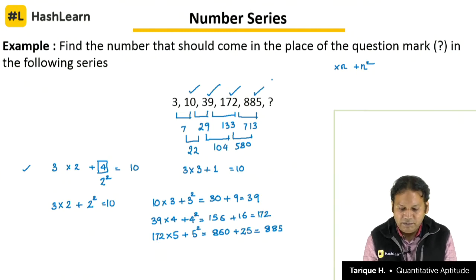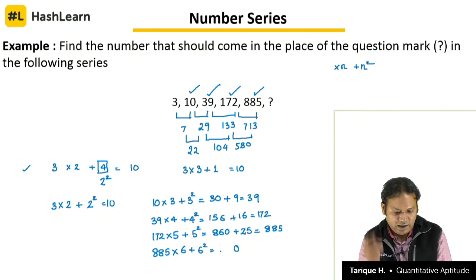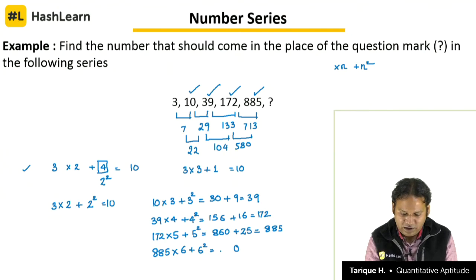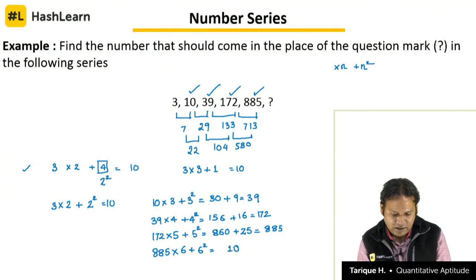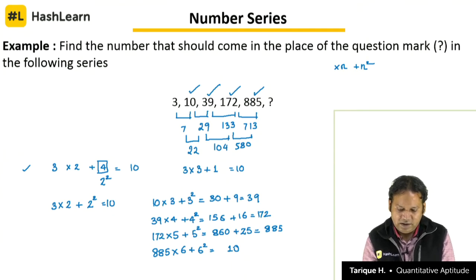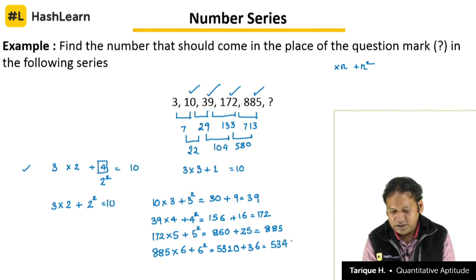So now the next number should be 885 into 6 plus 6 square. 6 into 5, 30, 3 in hand, 6 into 8, 48, plus 3, 51, 5 in hand, 6 into 8, 48, plus 5, 53, 5, 3, 1, 0, plus 36, that is equal to 5, 3, 4, 6.